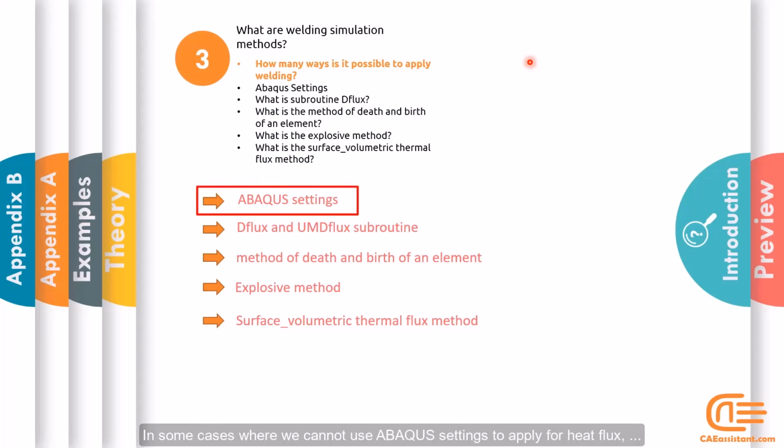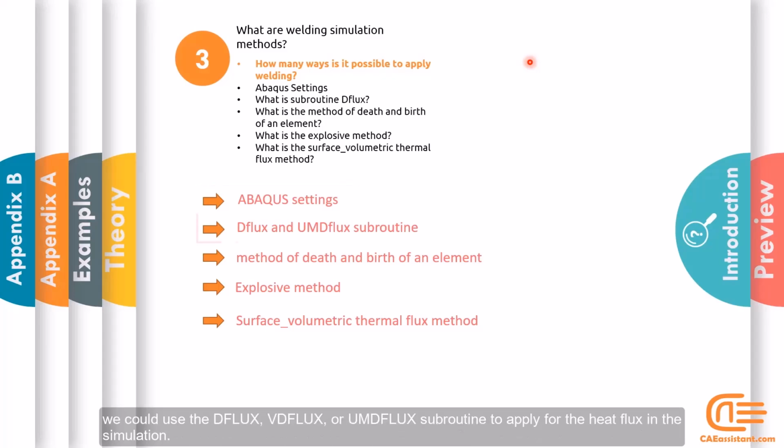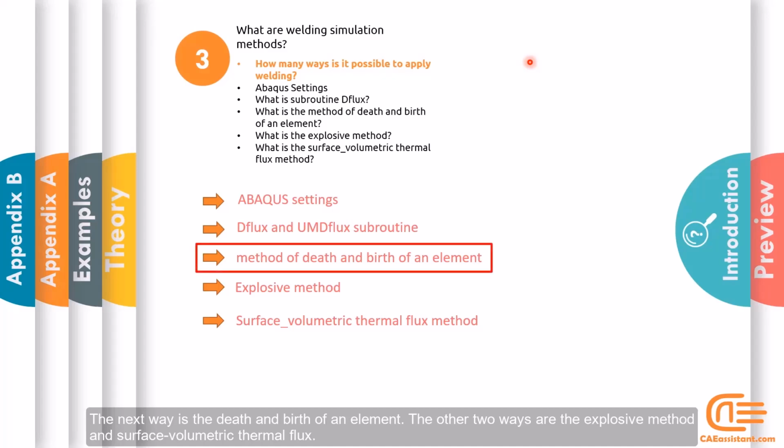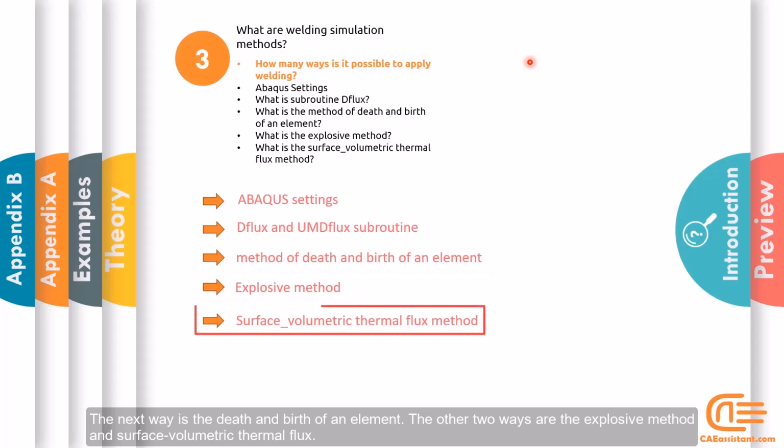In some cases, where we cannot use Abaqus settings to apply the heat flux, we could use the dflux, vdflux, or umdflux subroutine to apply the heat flux in the simulation. The next way is the death and birth of an element. The other 2 ways are the explosive method and surface volumetric thermal flux.